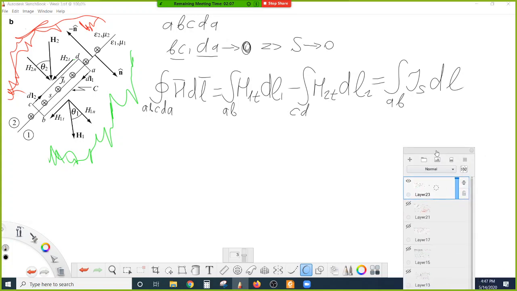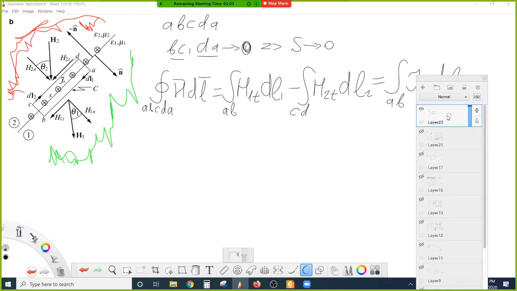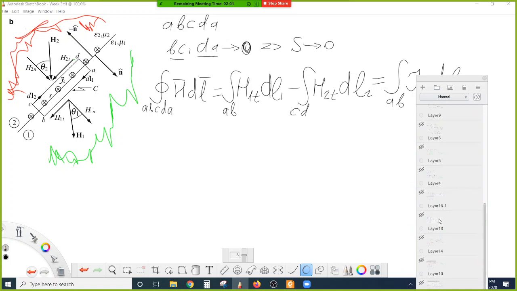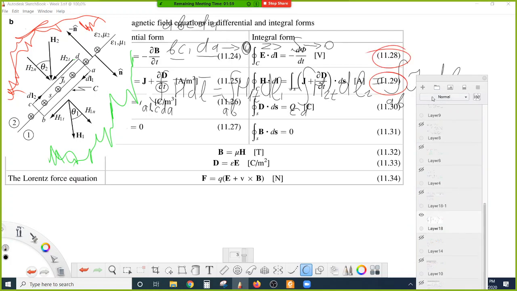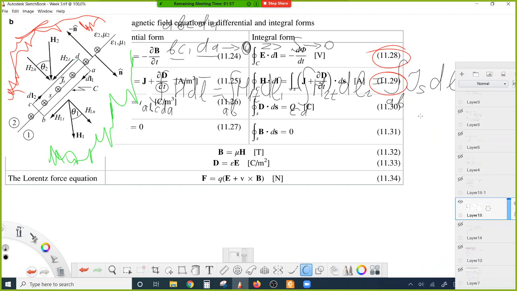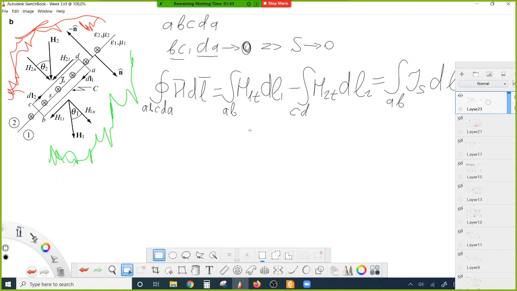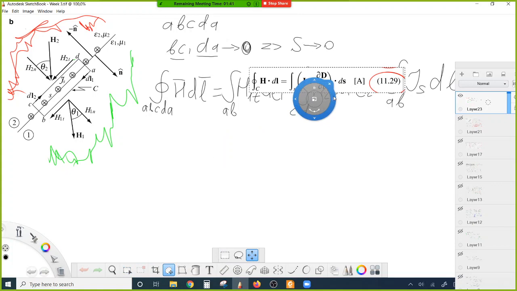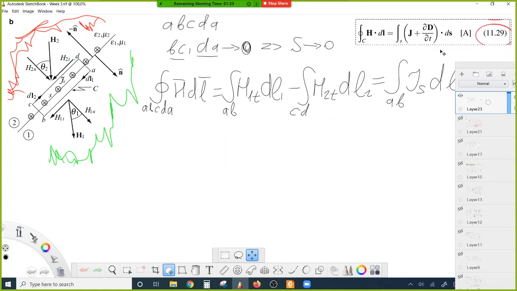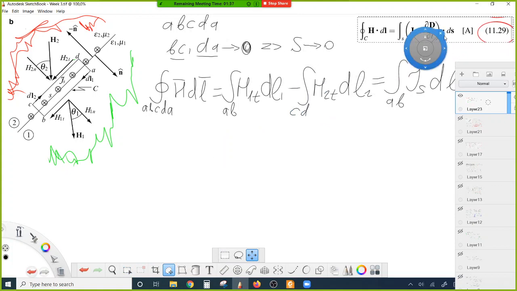Now let's look at equation 1129. Let me copy this and paste it somewhere here. This equation will be useful to us.